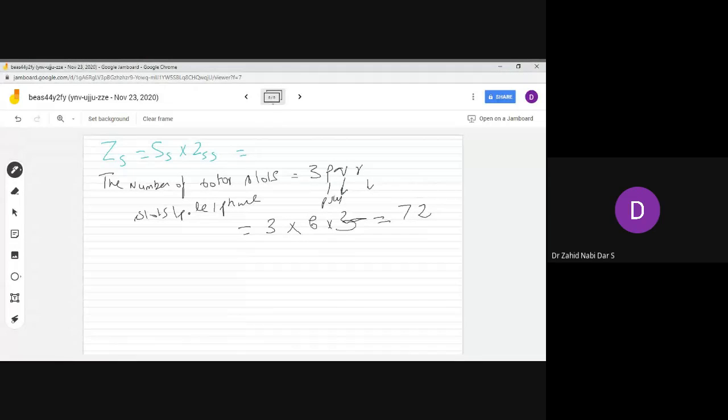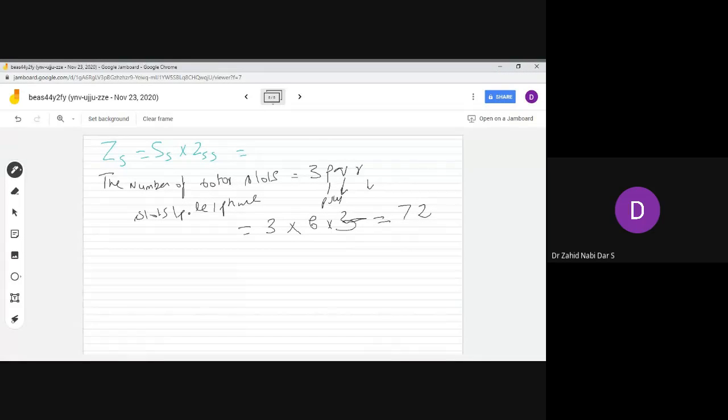If you want the coil span also, you can get it. The coil span would be the total number of slots, that is 72, divided by P, that is 8. 72 by 8 is equal to 9. So by this method you can get the coil span.